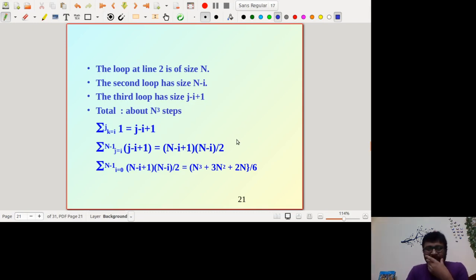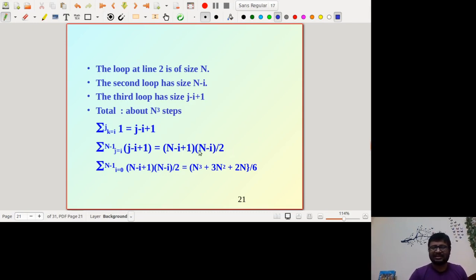Basically, j minus I goes from 0 to n minus 1 minus I. So it's basically the sum of the first n minus I integers, and this is the AP series.